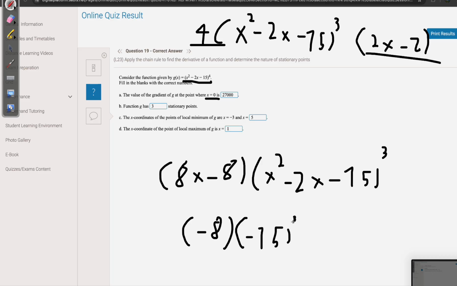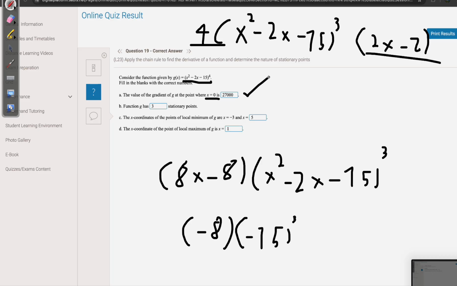Negative 8 times negative 15 cubed, which will give us 27,000.